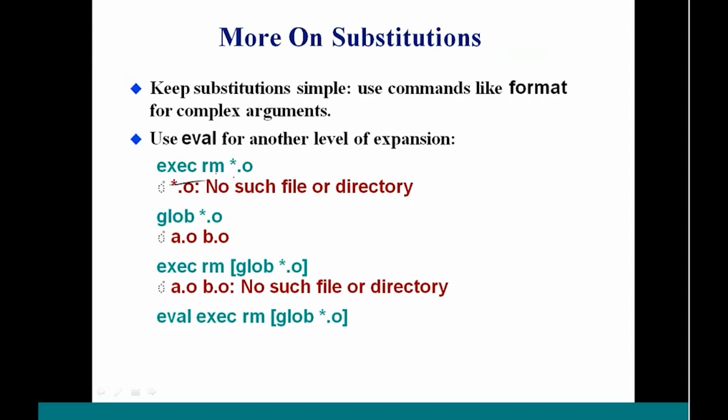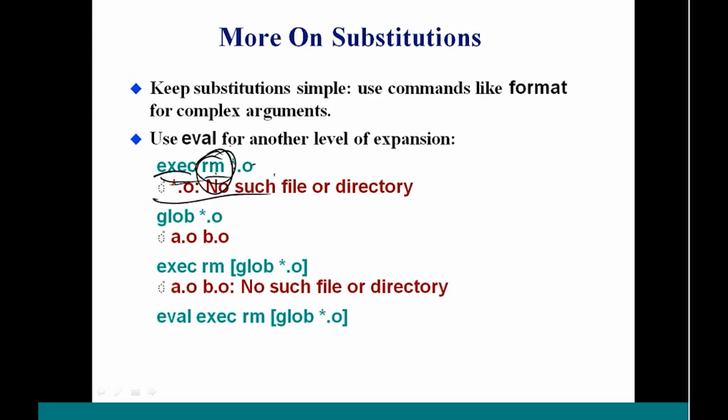So exec rm star dot o, basically this executes this particular command. Again, this itself is a command that takes two arguments, the first argument being another command that gets executed. And here we get no such file, because there is no meaning to the star dot o.